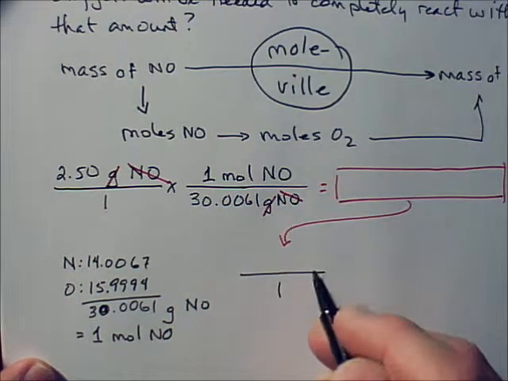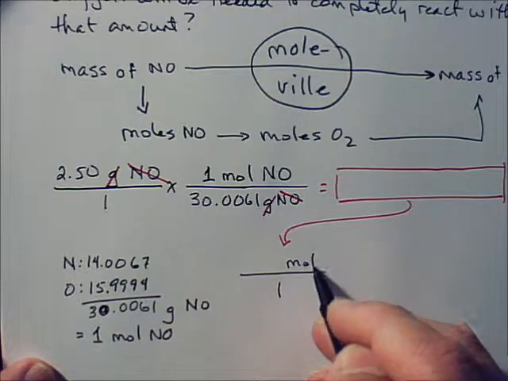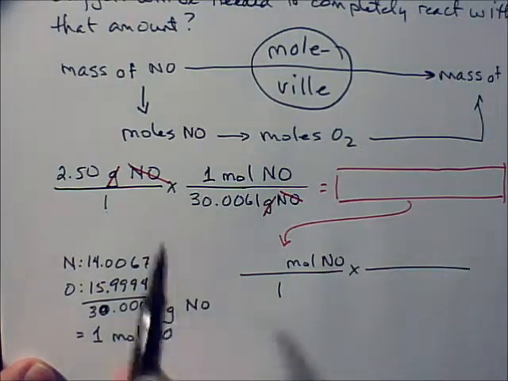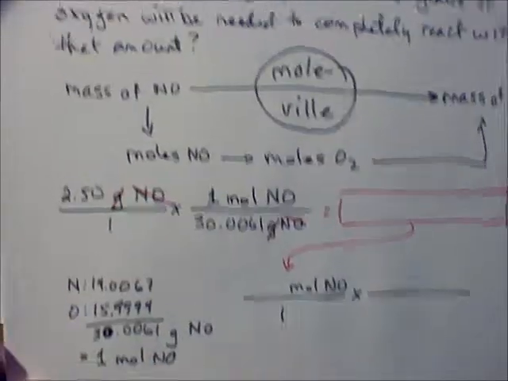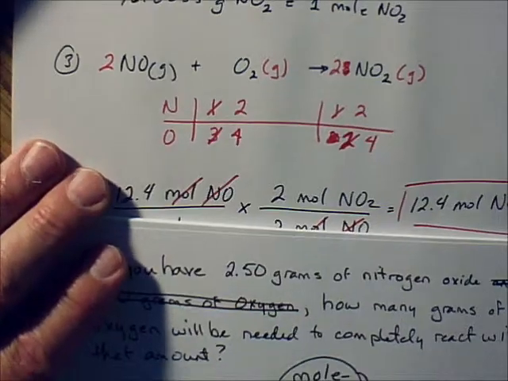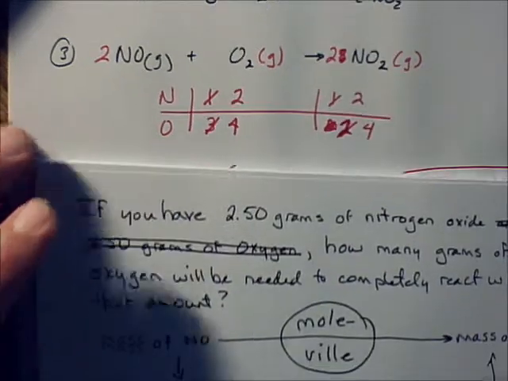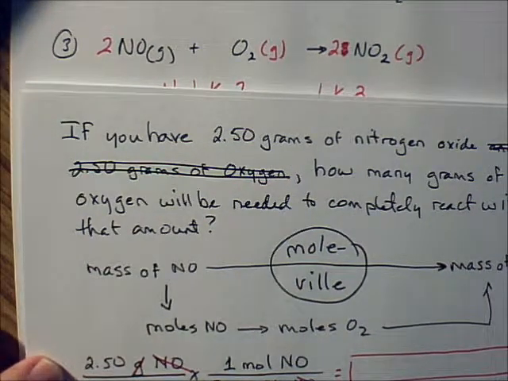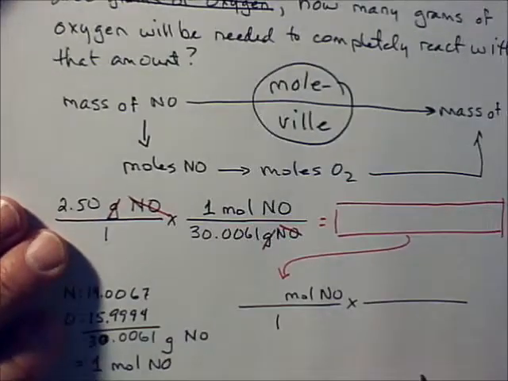And it'll be some kind of moles of NO. Then we're going to find the molar ratio we need. Well, we already balanced the equation in that quiz. 2.50 divided by 30.0061. Hang on a minute. We don't want to do that yet.